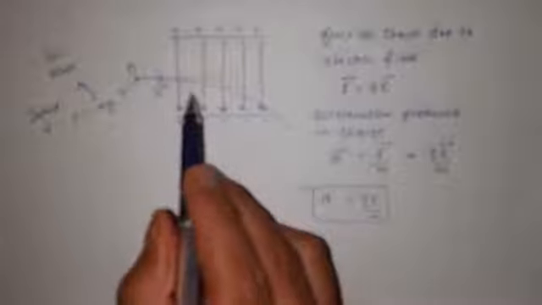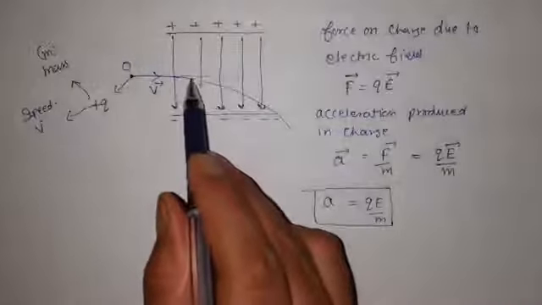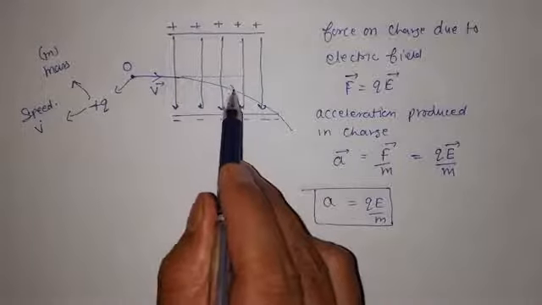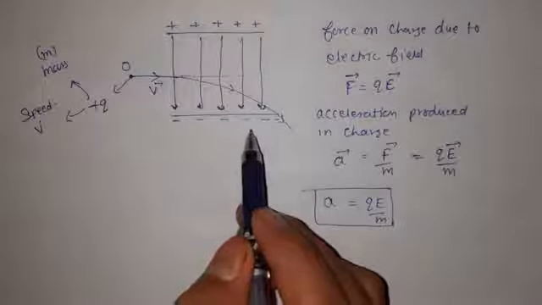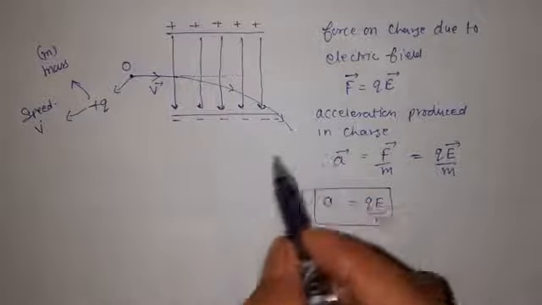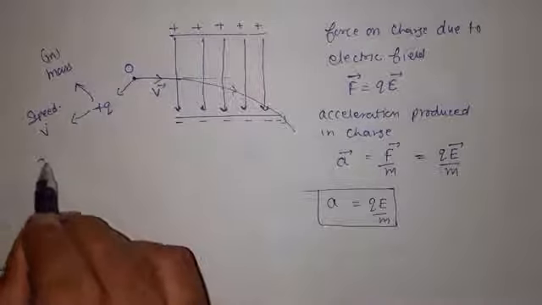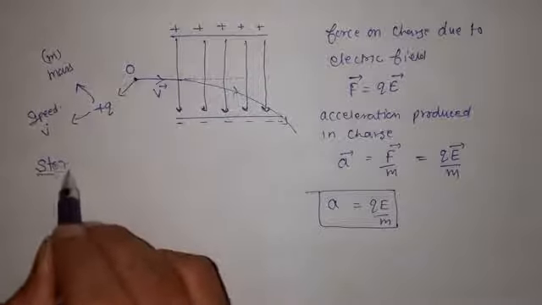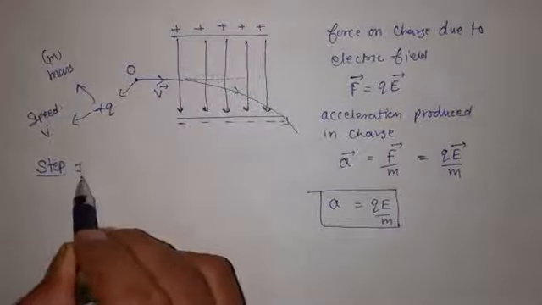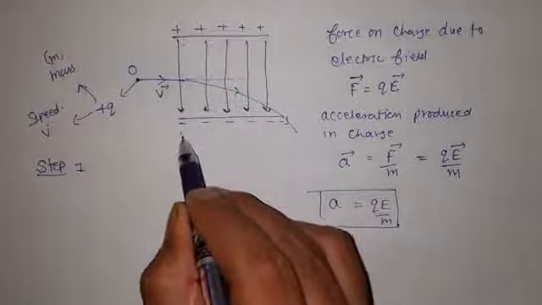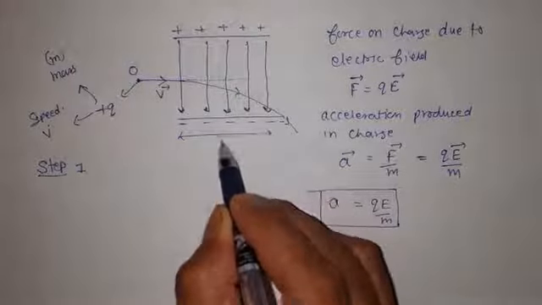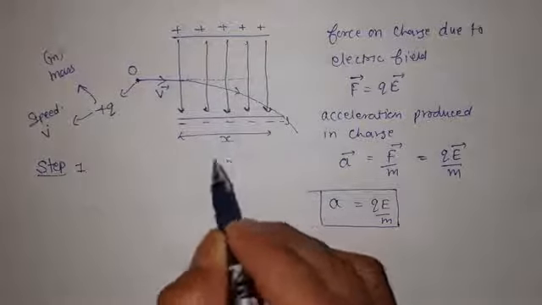Here we have to prove that the path followed by this charge in this uniform electric field is a parabolic path. So let us take this as step number 1. In this step, we suppose that this electric field is in this region, the x region.